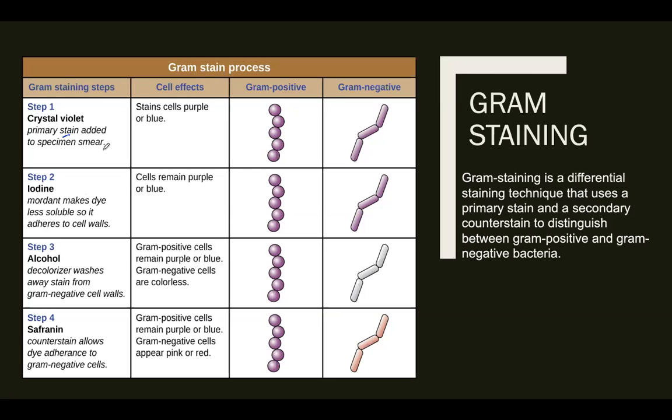Then we rinse the extra stain with water. And then in the second stage, we use iodine. Iodine is the mordant. What is a mordant? A mordant helps the primary stain to go deeper into the cell wall.